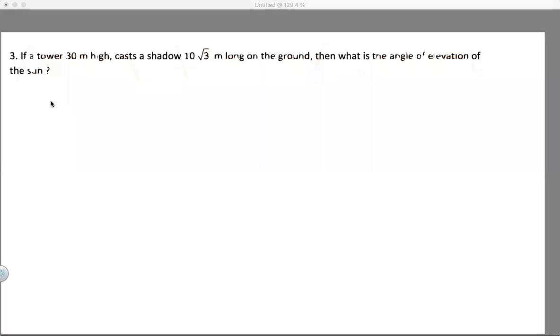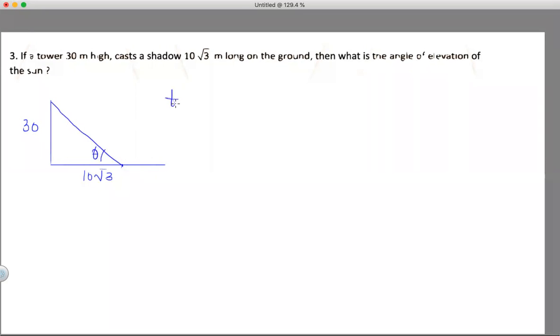Okay, we will still draw it and do it. The height of the tower is 30 meters. The length of the shadow is 10 root 3. And you have to take care what we have to find, the angle of elevation. So this theta we have to find.